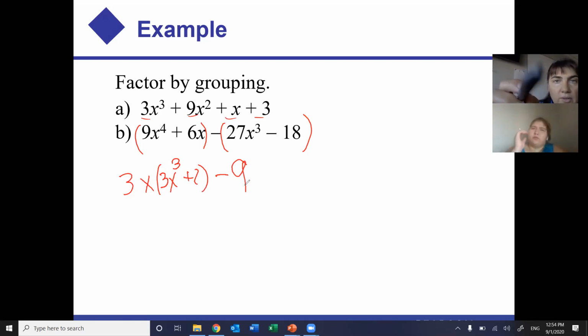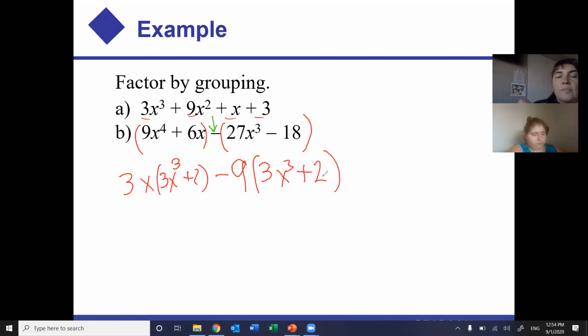One thing I want to point out, let's point it out in green. See this minus? When there is a minus, you need to leave the minus there. So the minus would stay in between the two groups. Once you finish your problem, the first term would be 9 times 3x cubed, but then the second sign, you need to flip the sign. It needs to be plus.